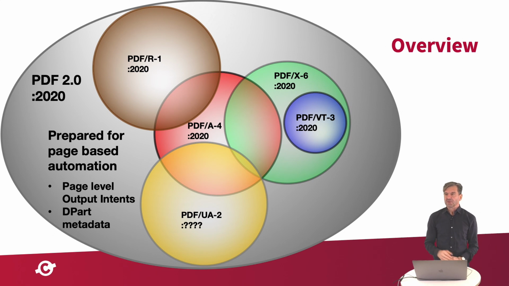I think the main message to take away is that we now have standard specified formats that allow us page-based automation, namely the features of page-level output intents and DPart metadata. They are specified, and they can be used in interoperable ways between devices in workflows.